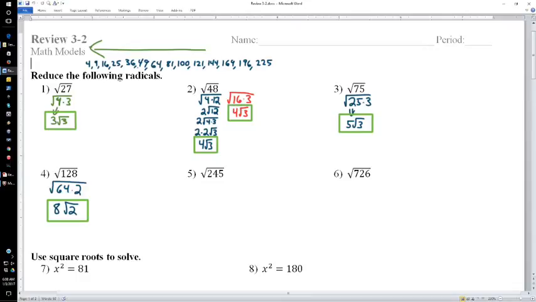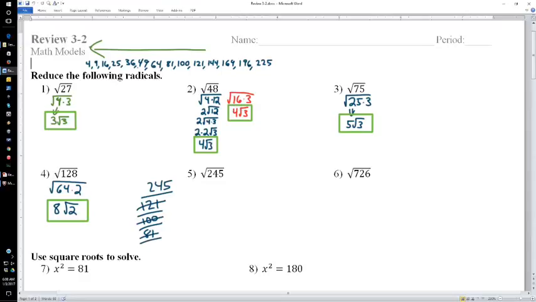245. Now I don't know this one off the top of my head. This is the one that I would start with. I'd probably start with 144. 245 is not divisible by 144. So I start with 245, and I would just start dividing. Divide it by 121. That doesn't work. Divide it by 100. That doesn't work. Divide it by 81. That doesn't work.